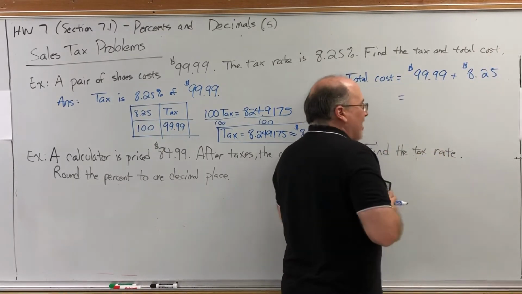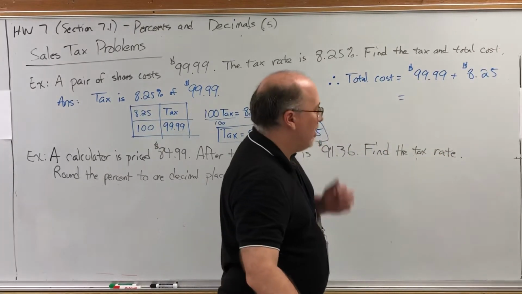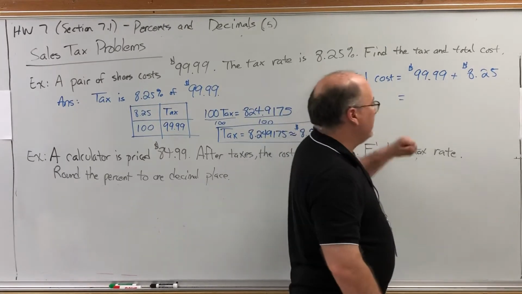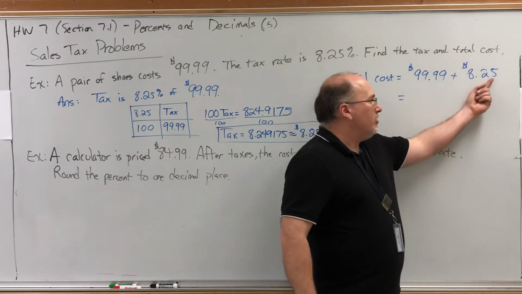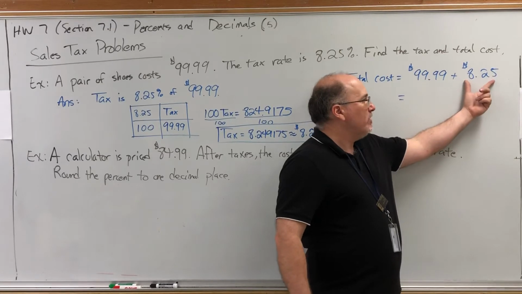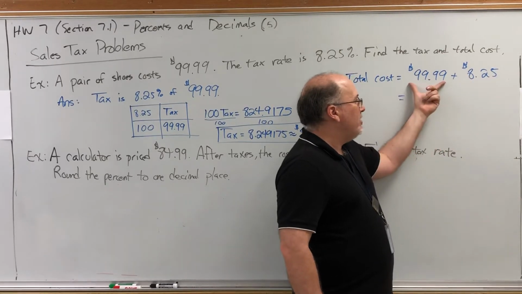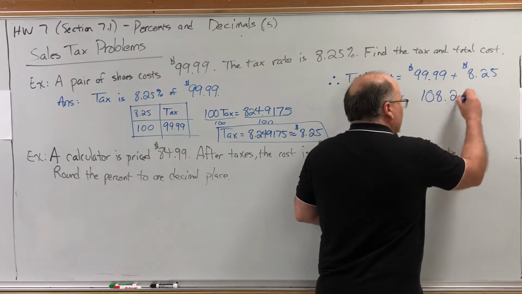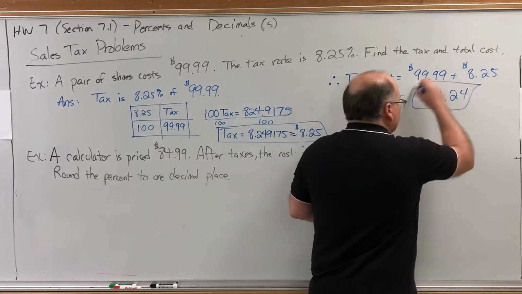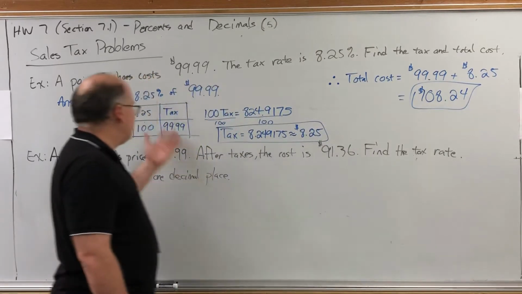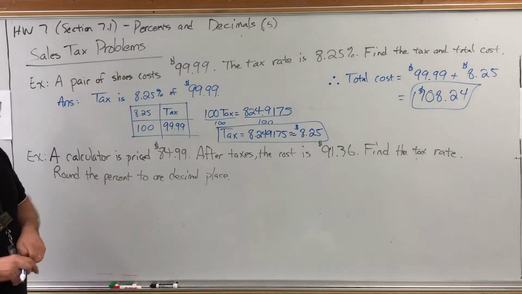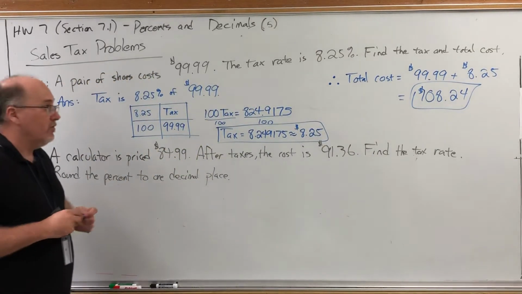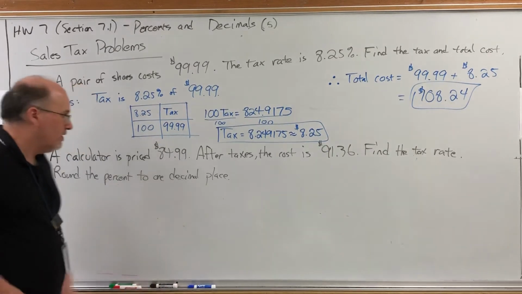And so if we add that, we should get $108.24. Easiest way to add this: steal a penny from here to make it $8.24, give the penny here to make it an even $100. $108.24. So you can find the tax by doing a percent problem and then adding on the tax to the original cost to get the total cost.